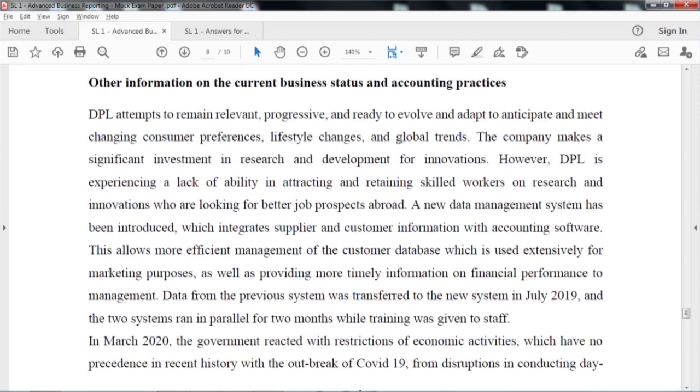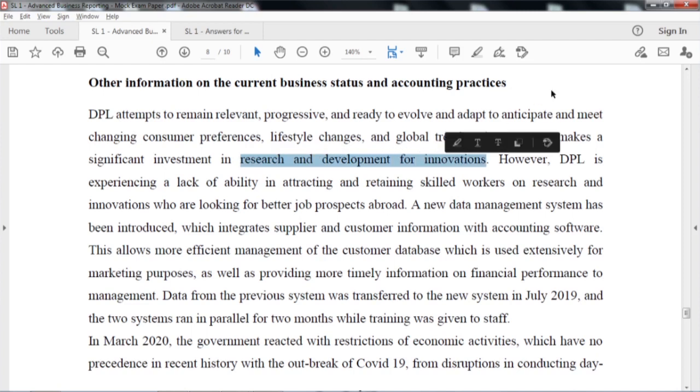Company attempts to remain relevant, progressive, and ready to evolve and adapt to anticipate and meet change in customer preference, lifestyle, and global trend. So, this is how they face challenges. Company makes significant investment in R&D, the point that we noted.